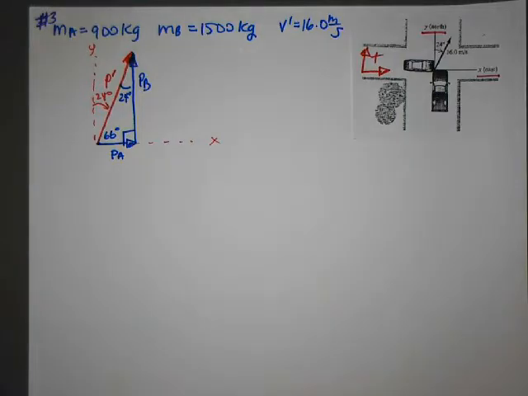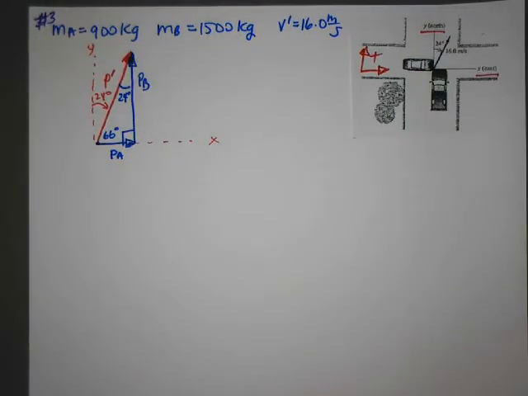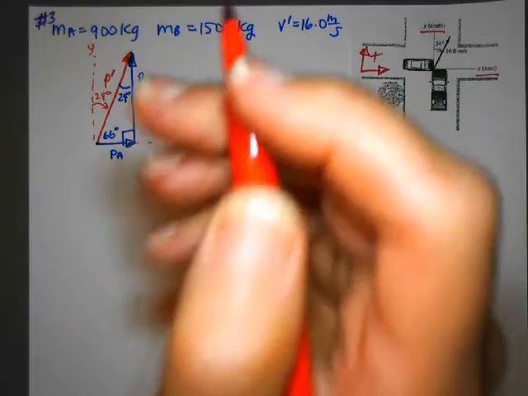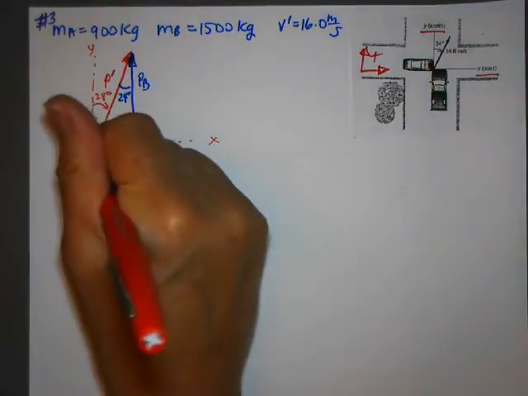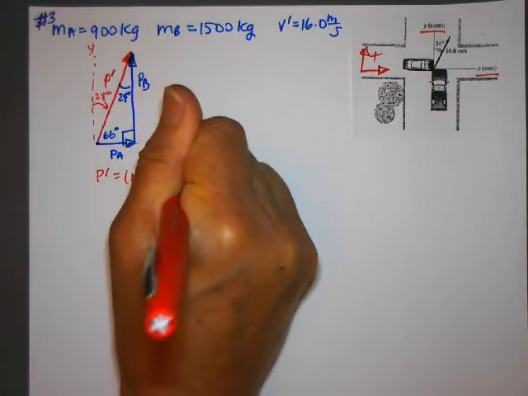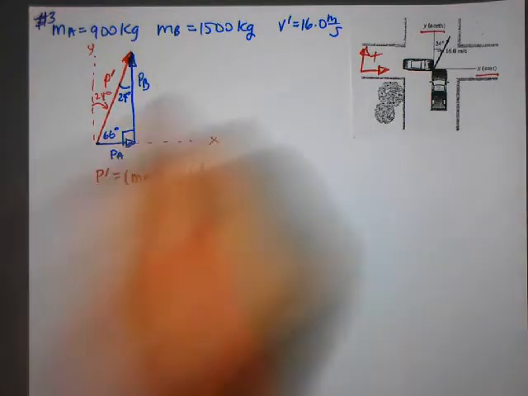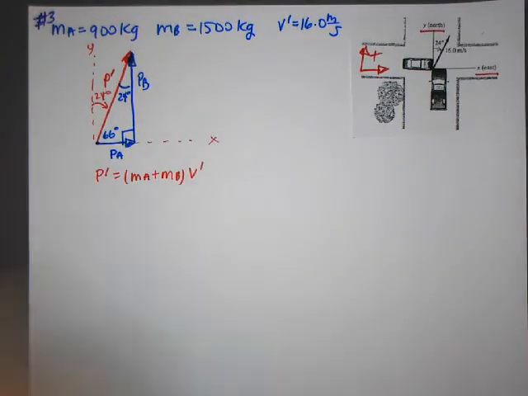So the total momentum after is the hypotenuse of the triangle, which I'm calling P prime. So what is P prime? Well, I know that P prime is equal to MA plus MB, the combined mass of the two vehicles, times V prime, which is the velocity after.